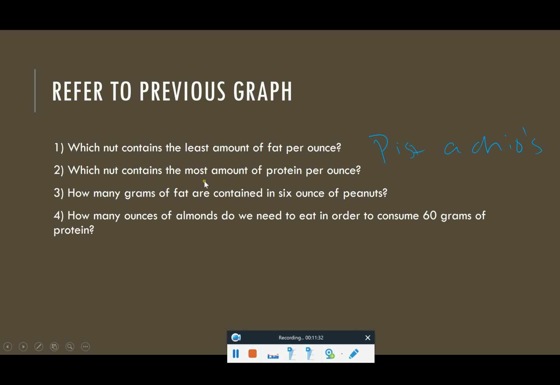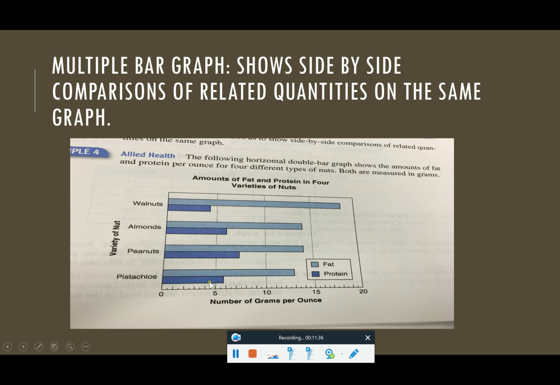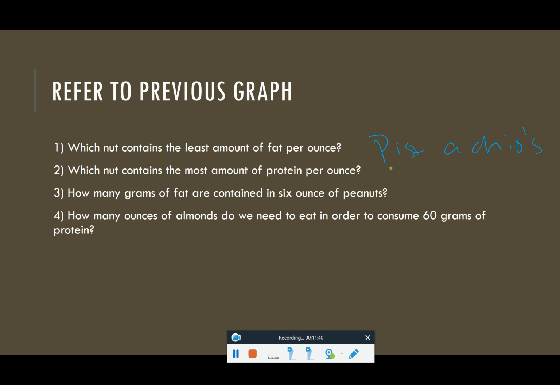Which nut contains the most amount of protein? We're looking for protein, so protein would be peanuts. How many grams of fat are contained in 6 ounces of peanuts?